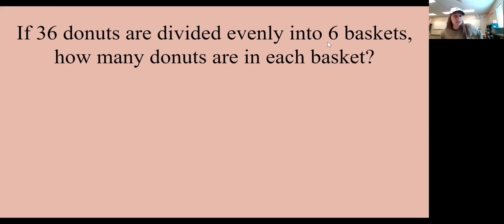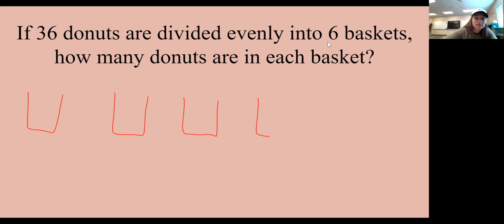I want you to picture if you had 36 donuts. If 36 donuts are divided evenly into 6 baskets, how many donuts are in each basket? If you want, you can draw 6 baskets. Those are my 6 baskets.